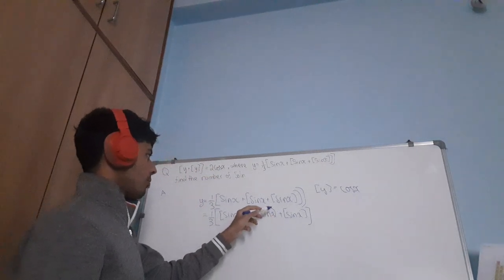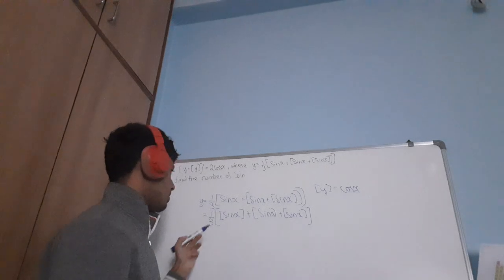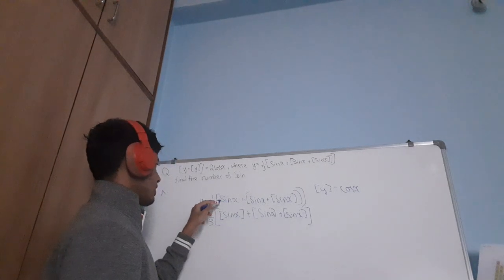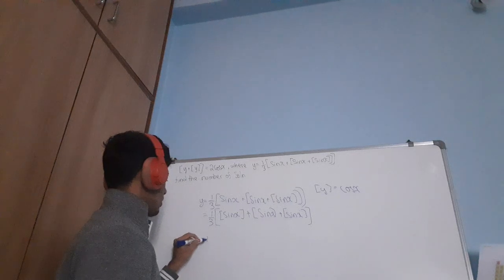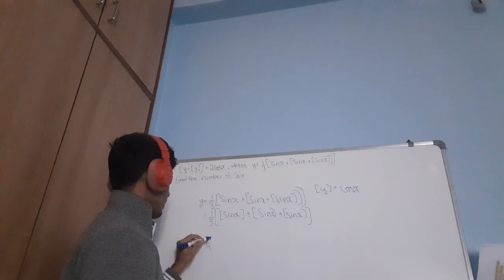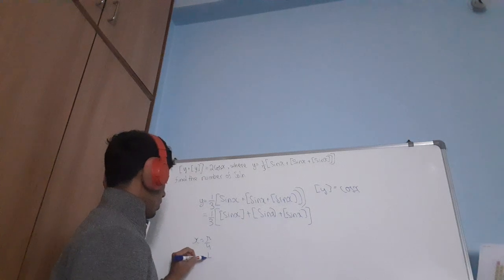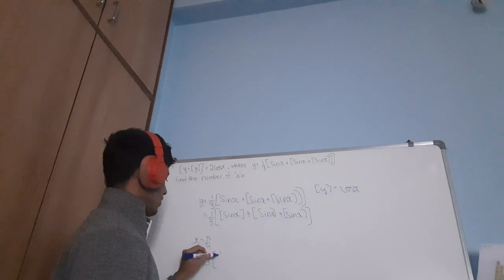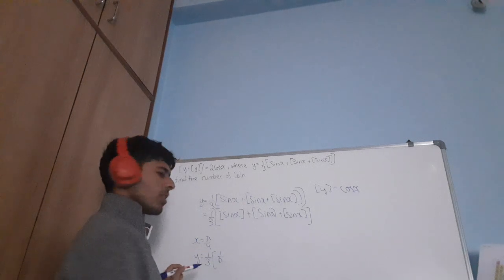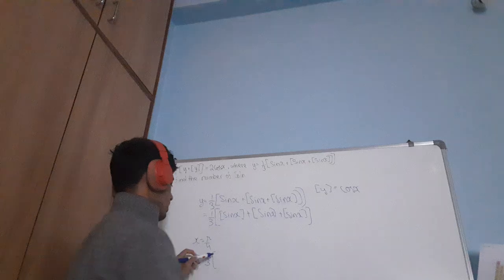If you want to understand why this works, I can take an example. Let's just take a random value of sine x. Let's just take x is equal to pi by 4. Now what happens is you have 1/3 of 1 over root 2, and 1 over root 2 is approximately 0.7 or something.